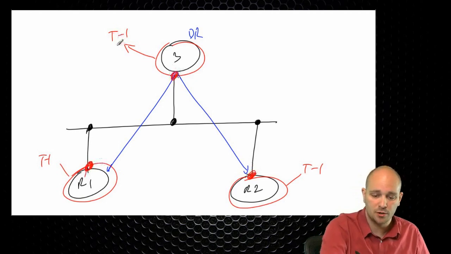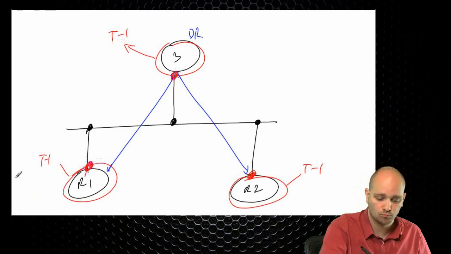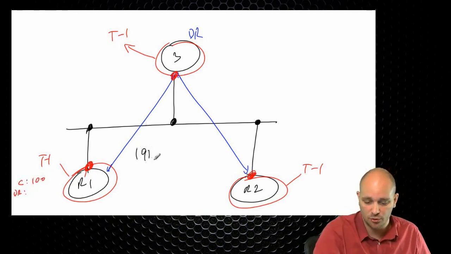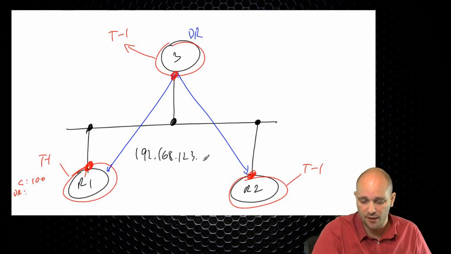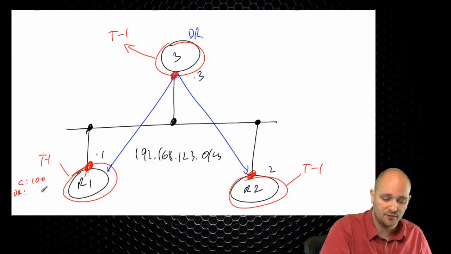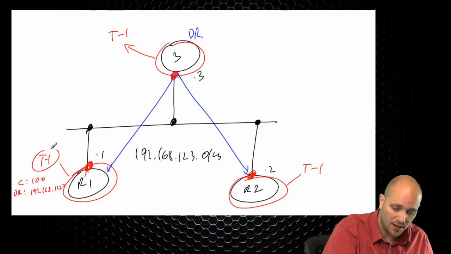So the description on, let's say, R1 may say the cost is, let's say, 100, and the designated router on the segment, with its IP address, is 192.168.1.3.